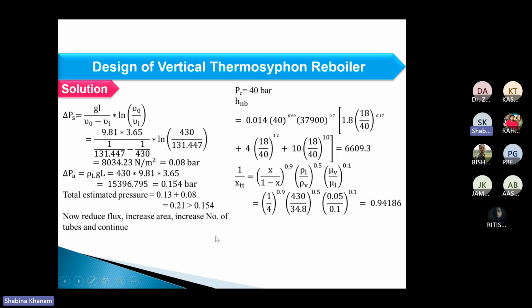Reductions of 5,000 or 7,000 in one go are acceptable. But if this condition is well away from what we need to obtain, then you need to change the flux accordingly. Just keep in mind that you need to reduce the flux in such a way that this condition would be maintained.